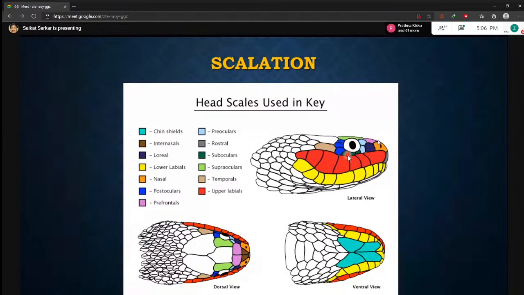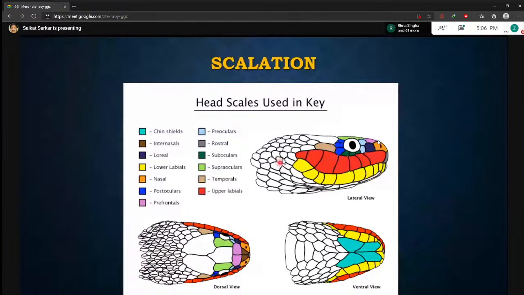Supra, infra. And this three, for this particular snake, it may vary. The number and the shape of these scales may also vary, and that will add to the intricacy of your classification matrix. I mean, your taxonomic matrix.